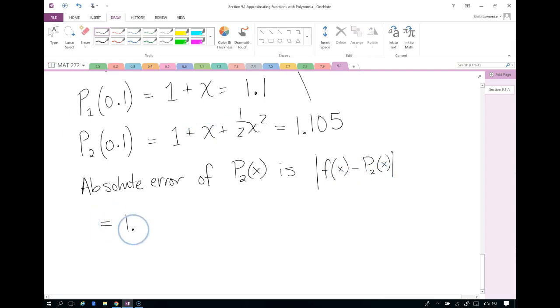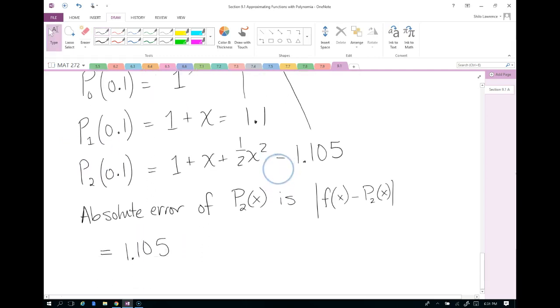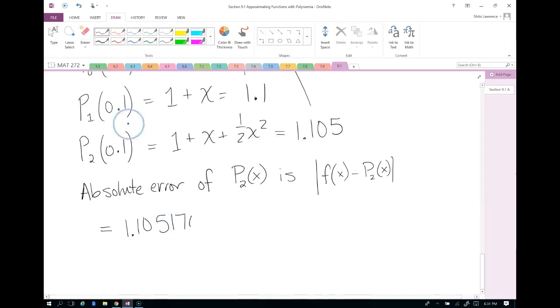So for the exact, we had 1.105170918. And then for my approximate, I just had 1.105.